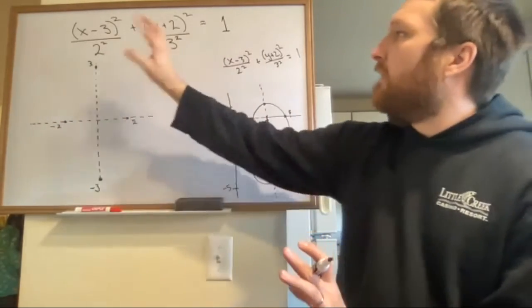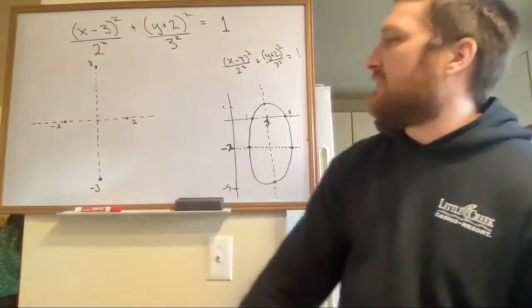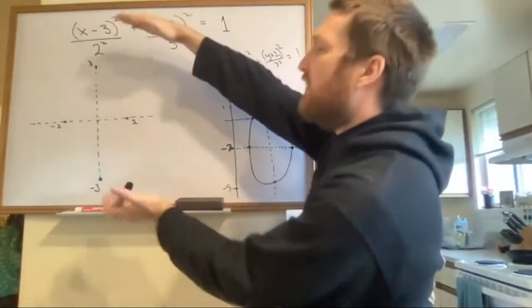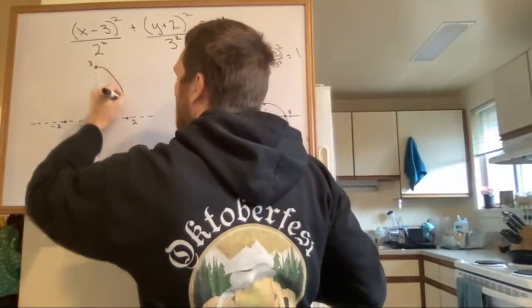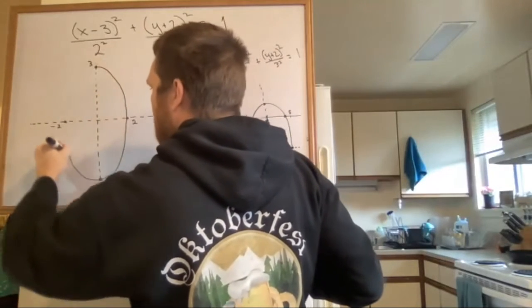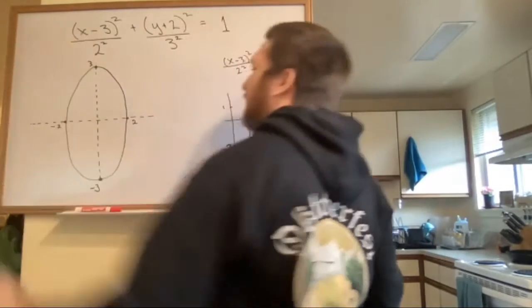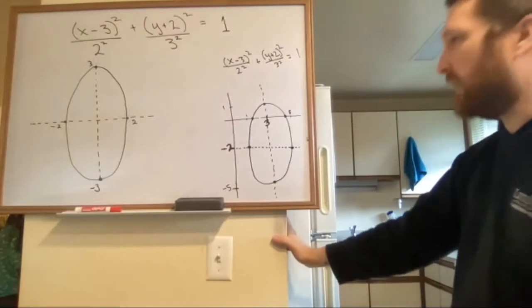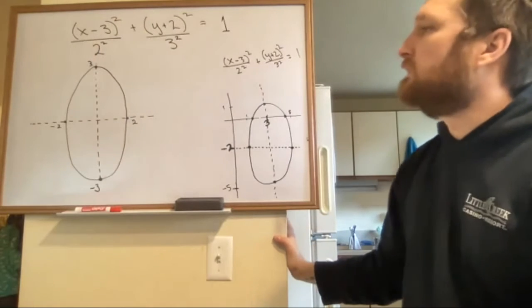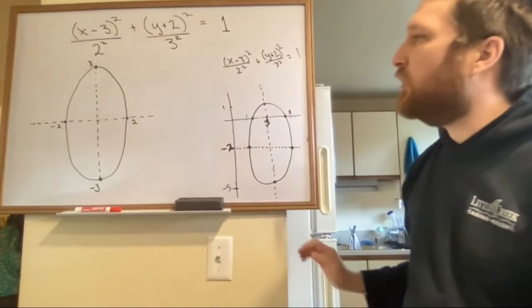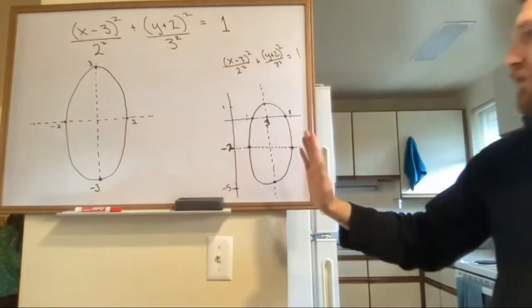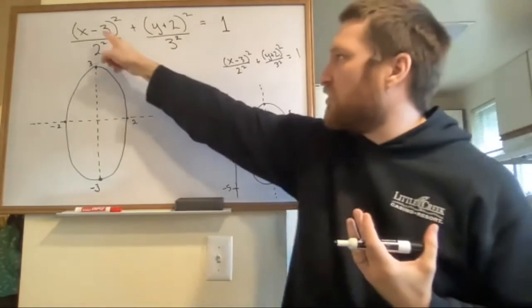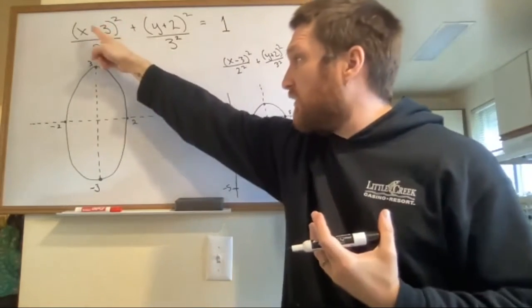Okay, so step 1, draw fake axes. Step 2, find the vertices. Step 3, go ahead and draw your ellipse. Okay, so that's what that guy looks like. Terrible looking, terrible. But now what we're going to do is figure out the shifts. I'm going to do my x shift first, and I can see that it's a shift right 3 units.